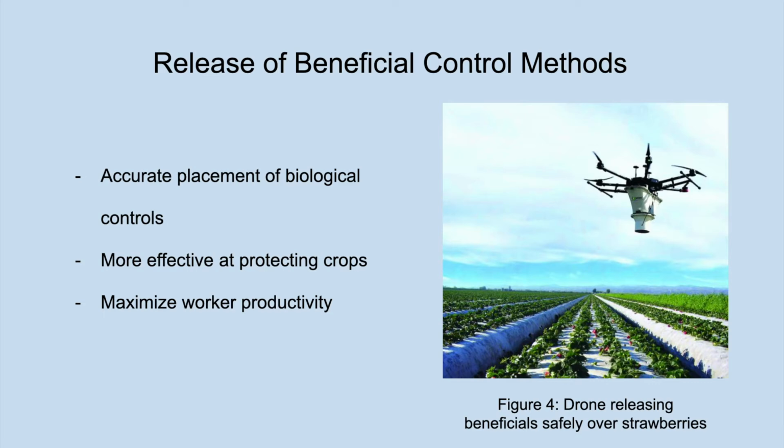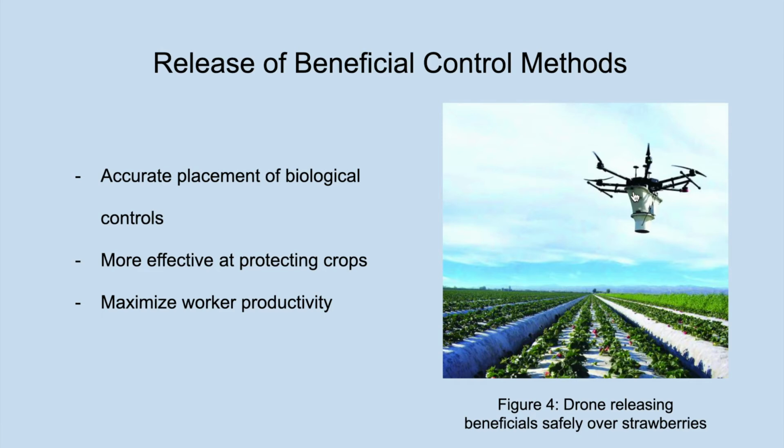And these are safely released from the drones. They're more effective at protecting the whole crop rather than just what the laborer on the ground could see. And they can also maximize worker productivity because you can focus on something else while the drones are applying the biological control agents.